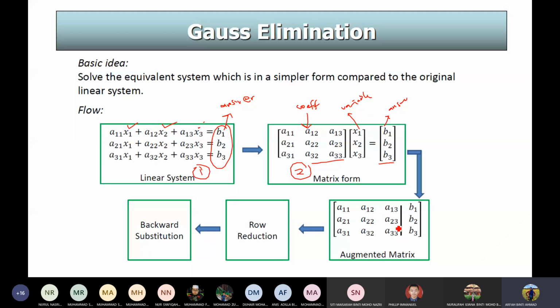Okay? Sebab kita nak buat operation terhadap coefficient matrix dan juga answer matrix. So row reduction, this is the third step. And the first step is you are going to do row reduction in this matrix where you are going to transform these 3 menjadi 0, 0, 0.